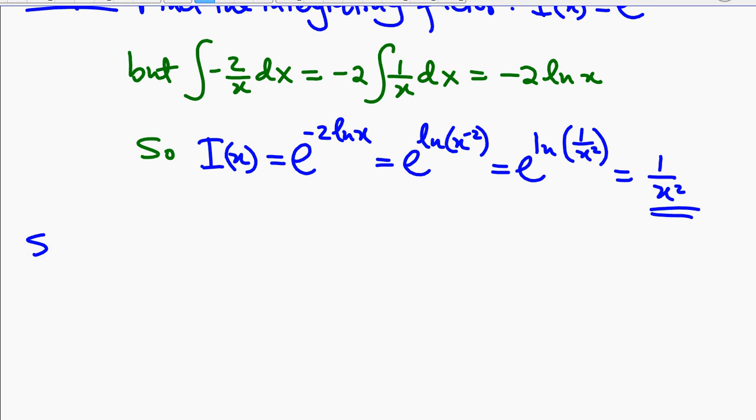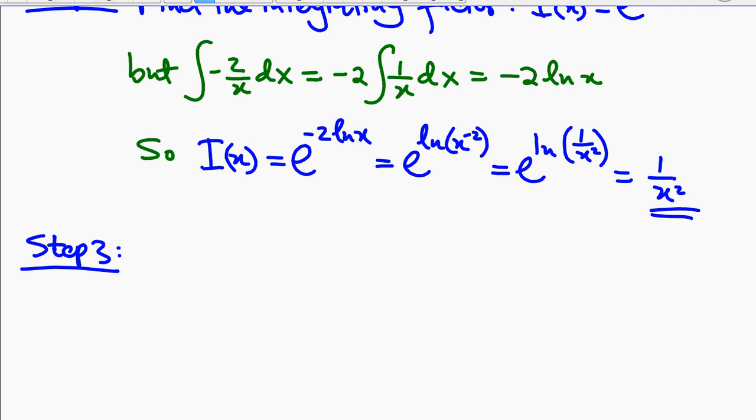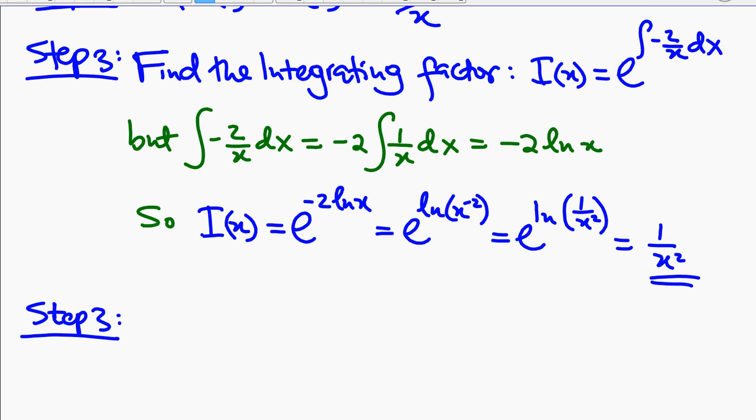Now for step 3, is that step 3 or step 4? Step 4.